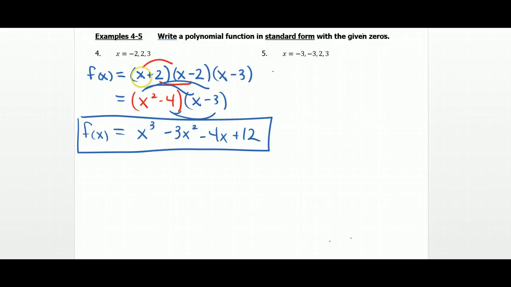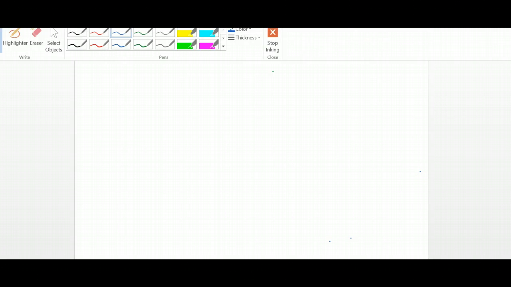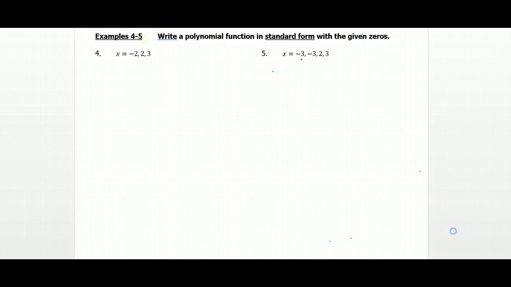Okay, and now I'm going to do the same thing for number 5. Number 5, I've given you 4 zeros. I've given you zeros at -3, -3 again, +2, and +3. Okay, well, I could have just written -3 multiplicity 2.